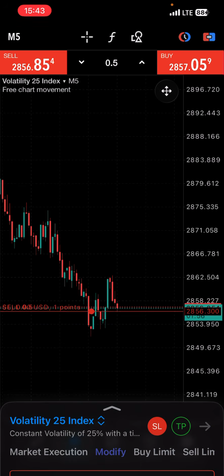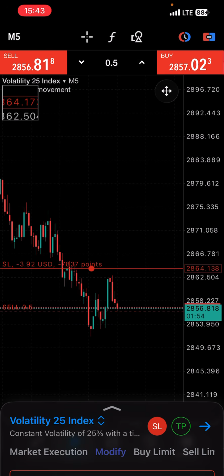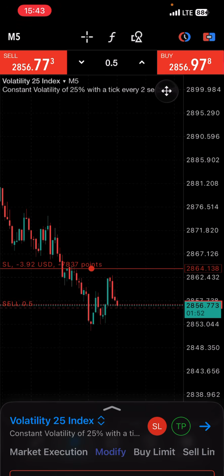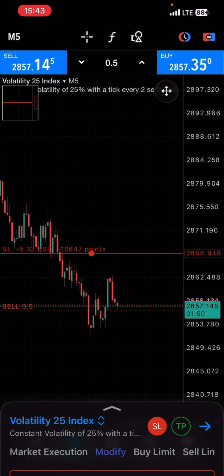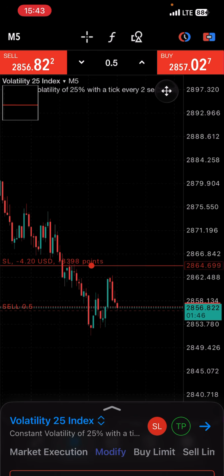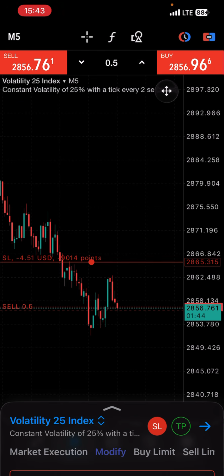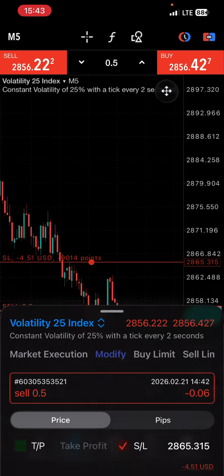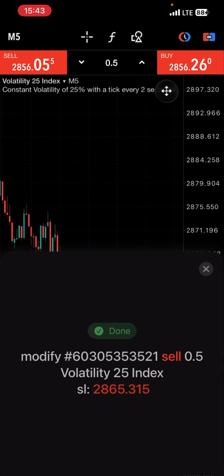It gives you a stop loss of 2865. And I modify it.